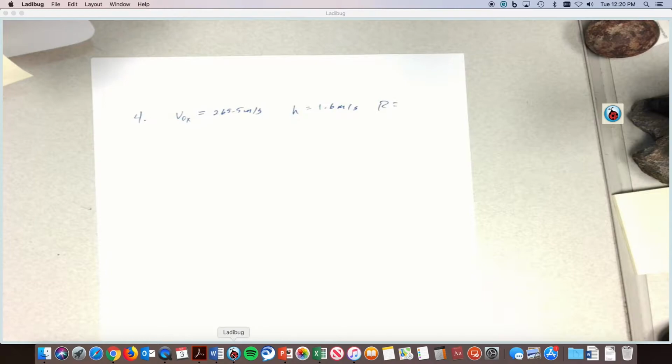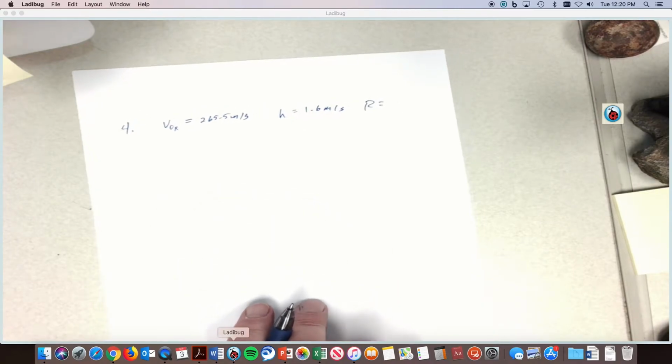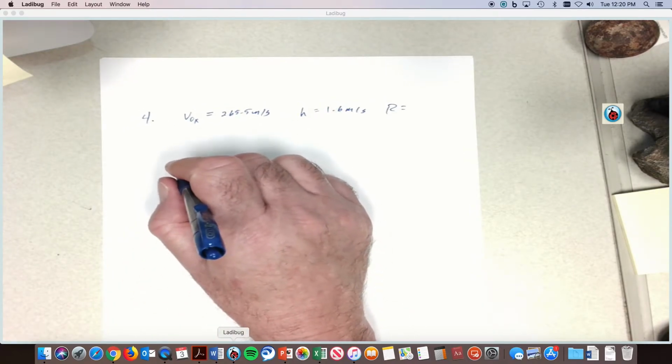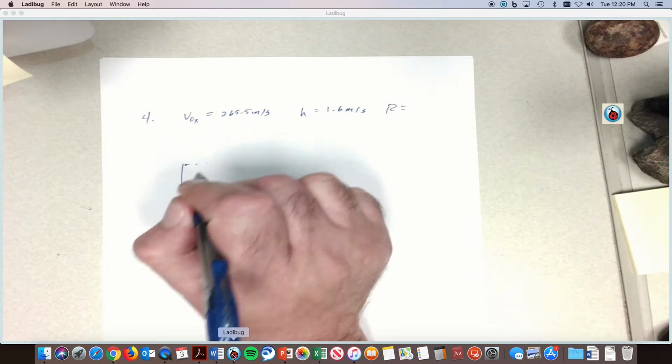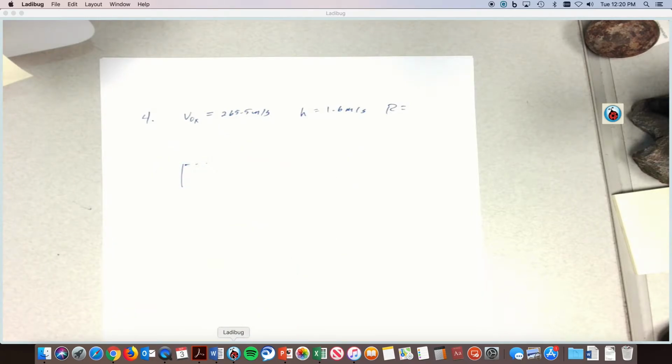Nothing too huge here. V naught in the x, and this is to an earthbound observer. This is how far it went to an earthbound observer. To an observer on the airplane, if this person is walking, to an observer on the Earth, they're watching the person go by at 265.5 meters per second.